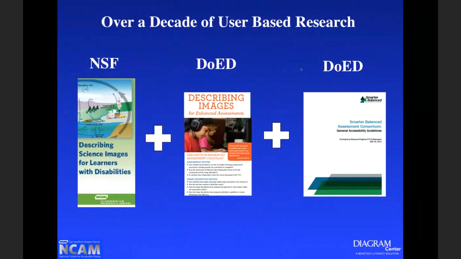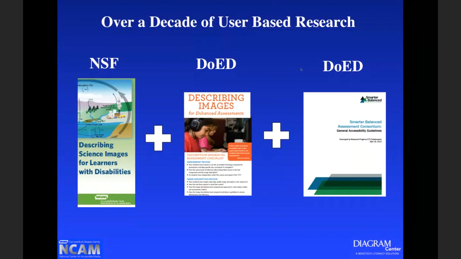Thankfully, the National Center for Accessible Media has been working on solutions for creating alt text for these types of images for well over a decade through a multitude of federally funded research and development projects, both for the National Science Foundation and the Department of Ed.